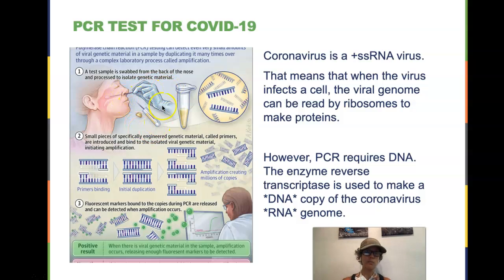Either way, that swab is put into a solution to get any of the cells and any viral particles into that solution, and then the viral genome is isolated, and then reverse transcriptase has to be used to get a DNA copy of that genome, and then PCR is used on that viral complementary DNA, and there are tags put on the primers so that we can see that there is a positive result.